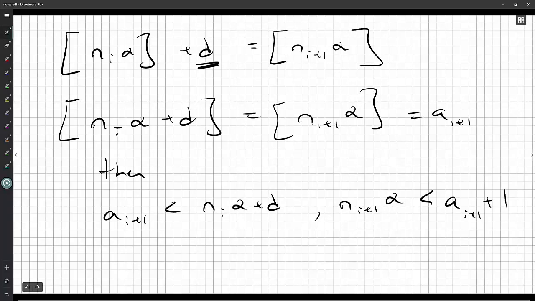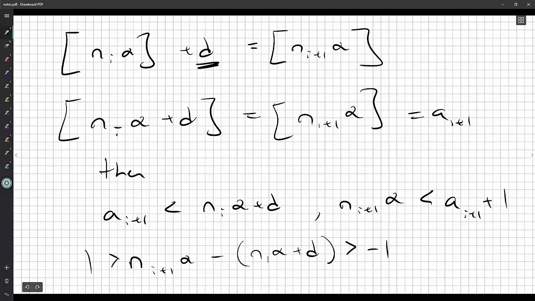Yeah, I don't know whether or not that was better than just writing it the other way, because we don't know which one's bigger than which. I guess we have this range here.